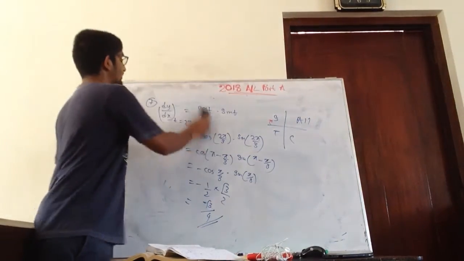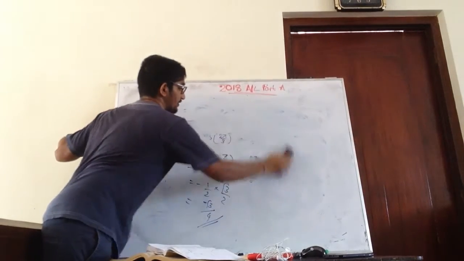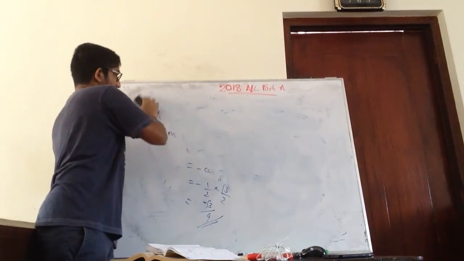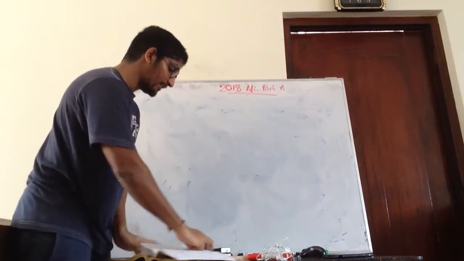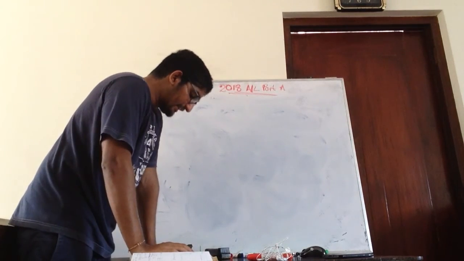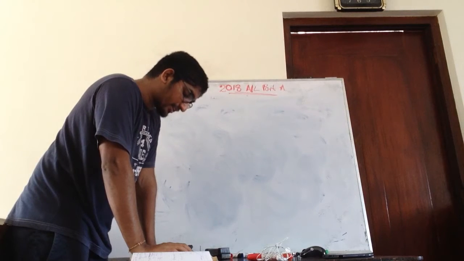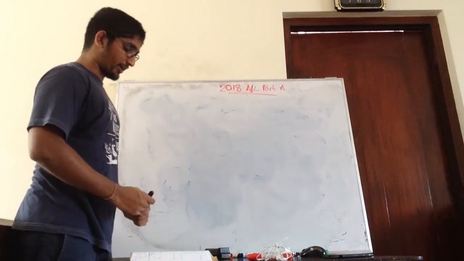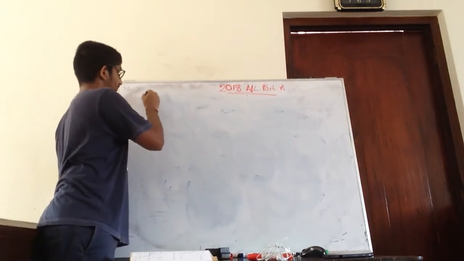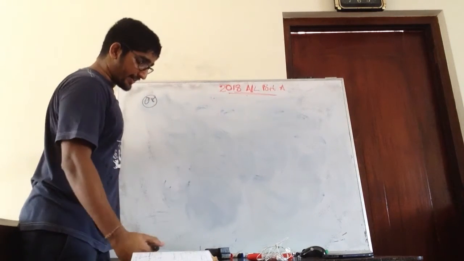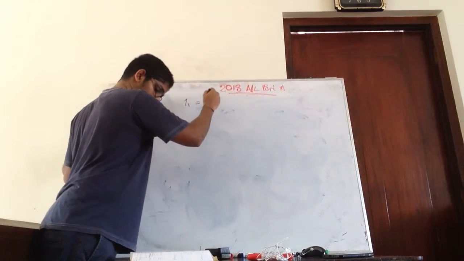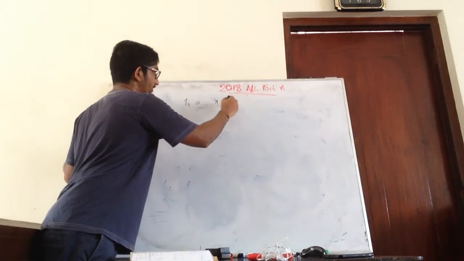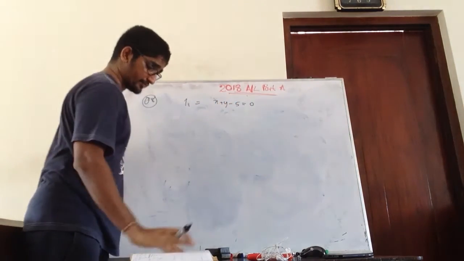Right. So question number 8. Question number 8 says, let L1 be a straight line x plus y minus 5 equals 0. So there's the L1 line. L1 is x plus y minus 5 equals 0.